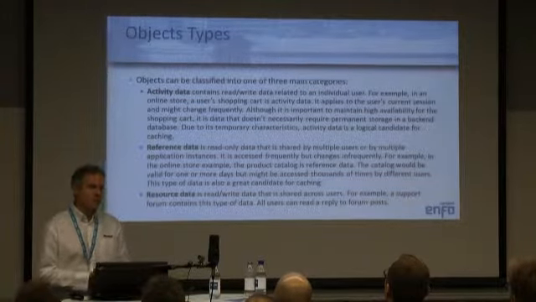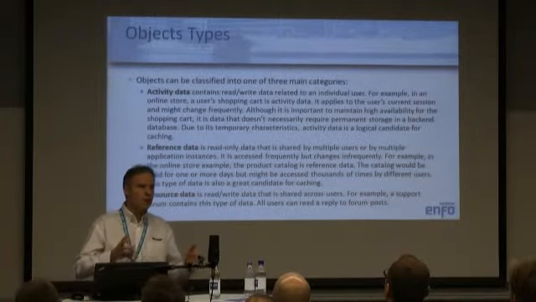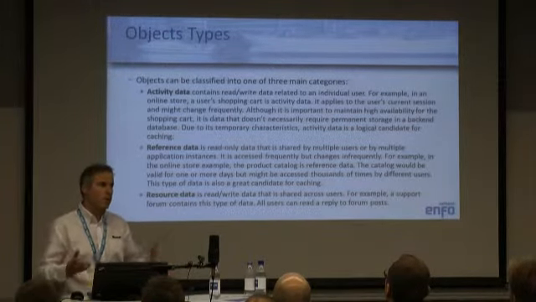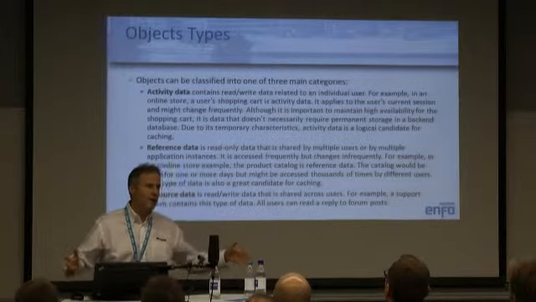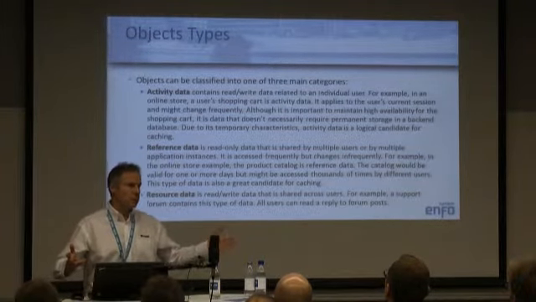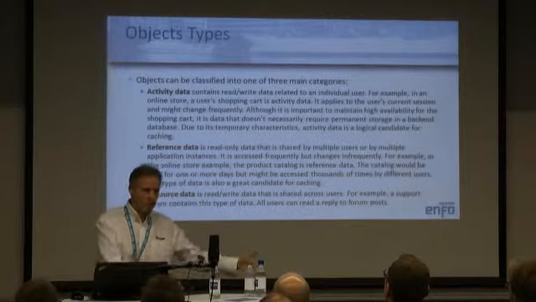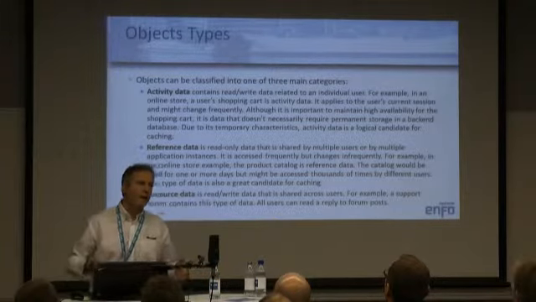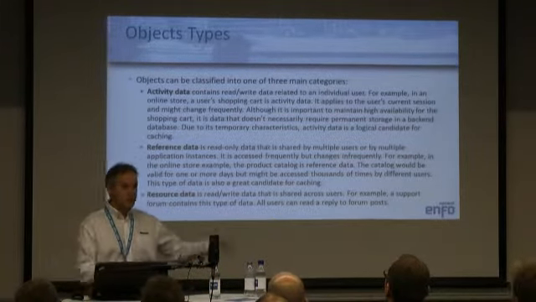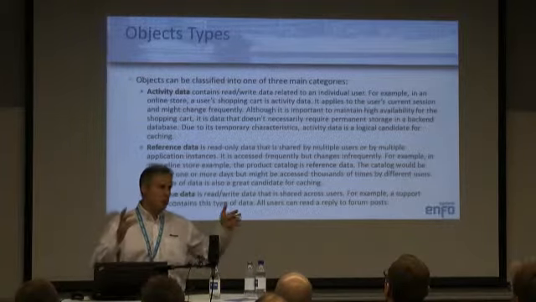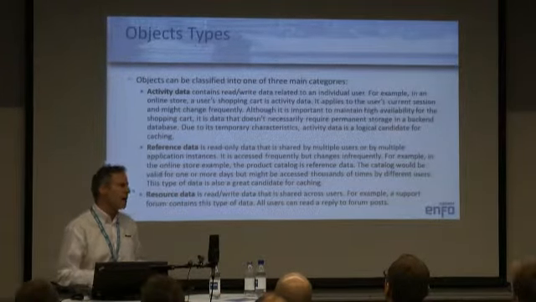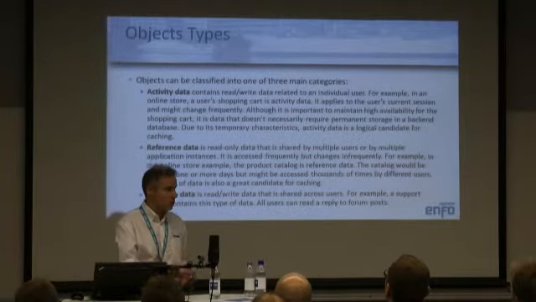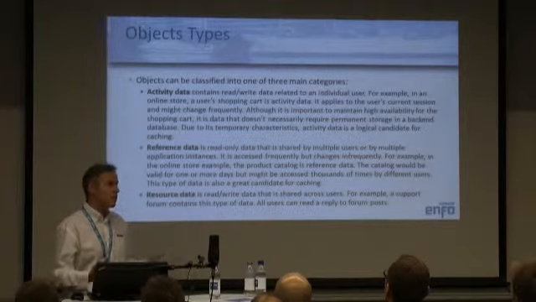Since you need to share the session across multiple machines in a scenario where your web application is running on a web farm, the session is a good candidate to be stored in the distributed cache. Another kind of data is reference data. Reference data are data that rarely change. They really change infrequently, like, for example, the items within the catalog of an online store. Okay. And finally, there are resource data.